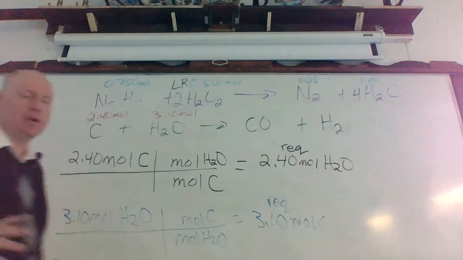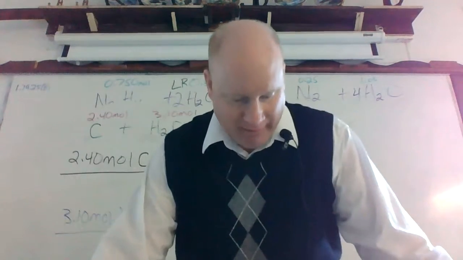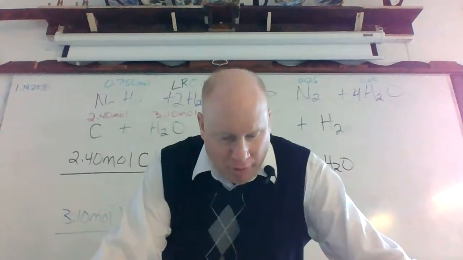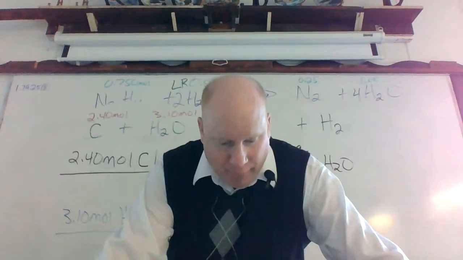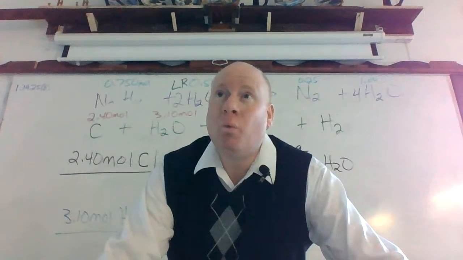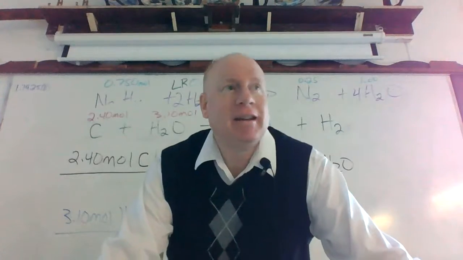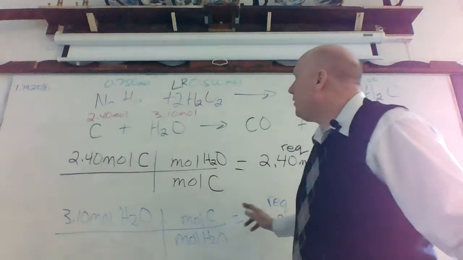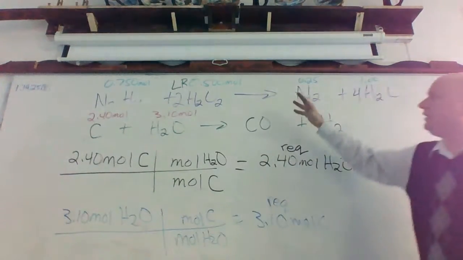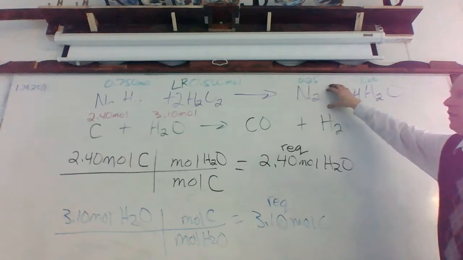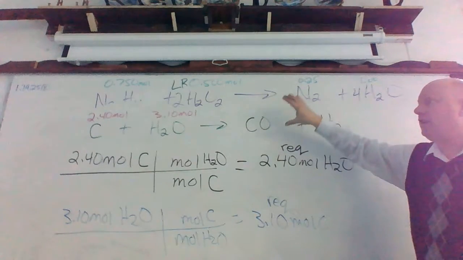So that is part A. Part B: how many moles of each product are formed? So, when you do this, you've made this determination. Just like what did we see in this equation yesterday that we have not done here yet?